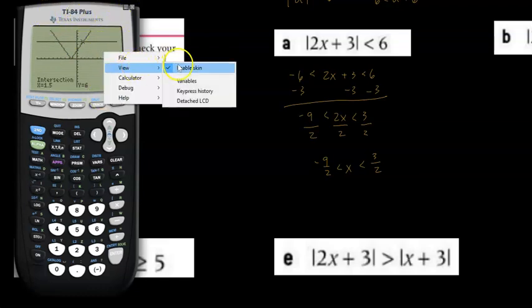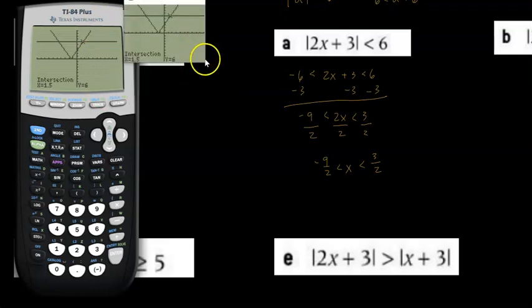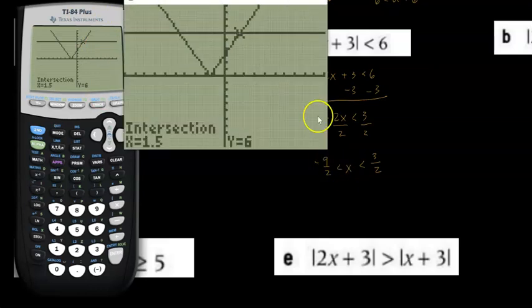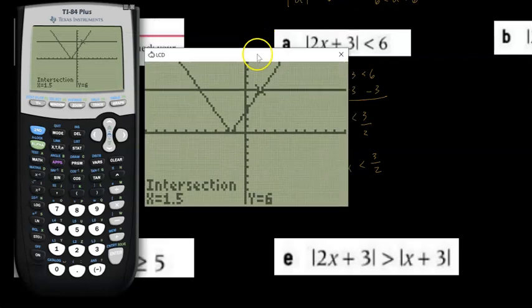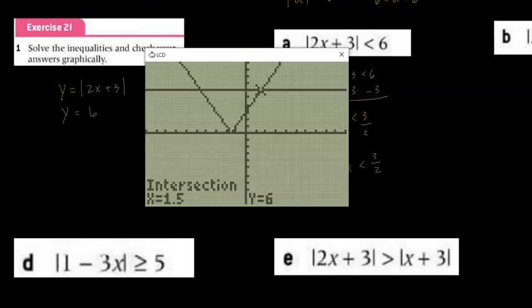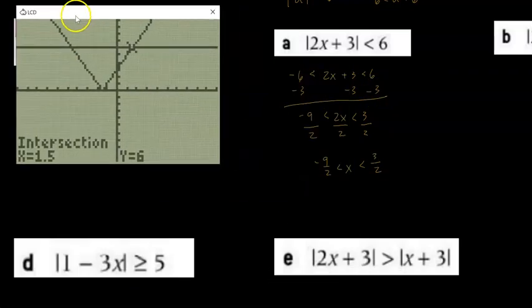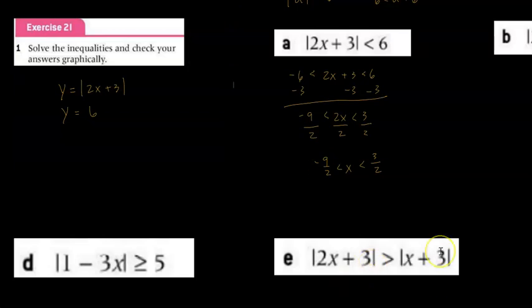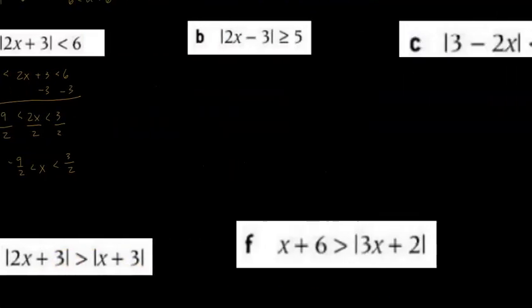So it's going to be this area right here, that's below. So that was negative 9/2 and 3/2. All of this area right here. Okay? Good job. I'm just using my graphing calculator to check.